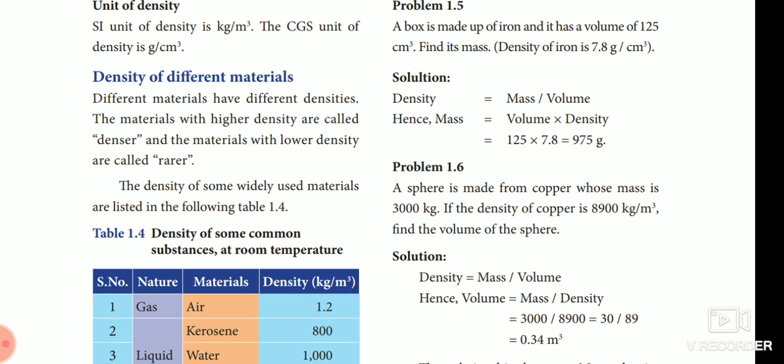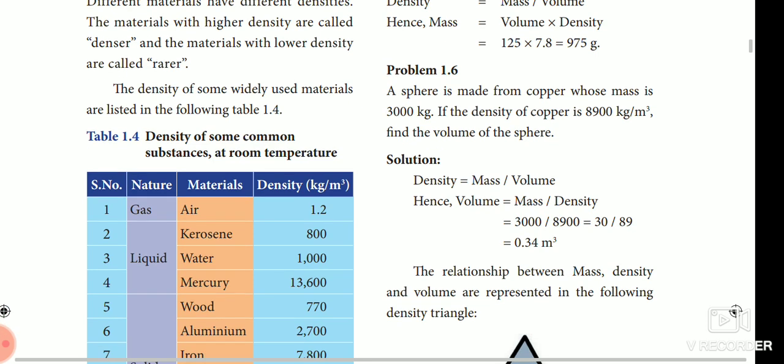Density is equal to mass by volume, hence mass is equal to volume into density. So 125 multiplied by 7.8, the answer is 975 gram.